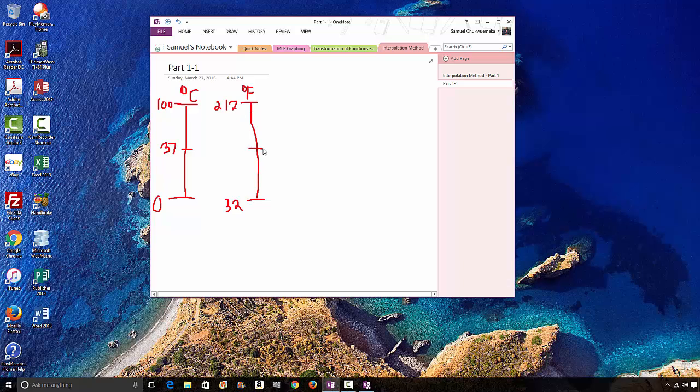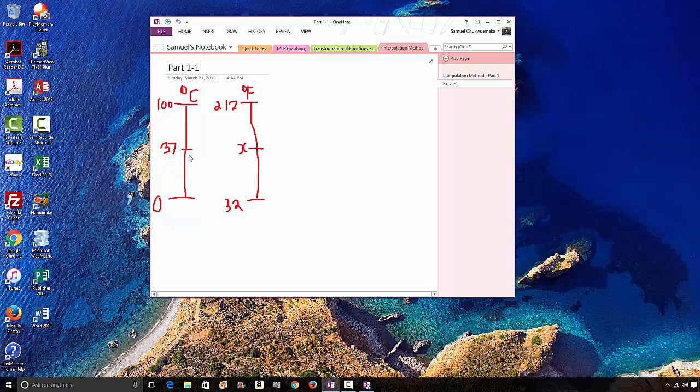You now want to find what Fahrenheit temperature corresponds to 37 degrees Celsius. So you put x here. Okay, so this means you are interpolating between these two values so that you can find a value here that corresponds to this 37, which you do not see on the chart.